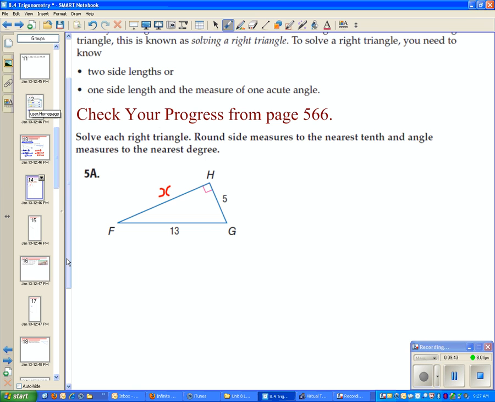Now, if I'm going to find F, should I start off taking the sine of F, the cosine of F, or the tangent of F? Be careful. That's the hypotenuse, isn't it? All right, so the sine of F equals opposite over hypotenuse.